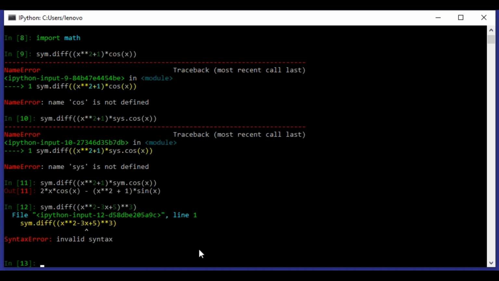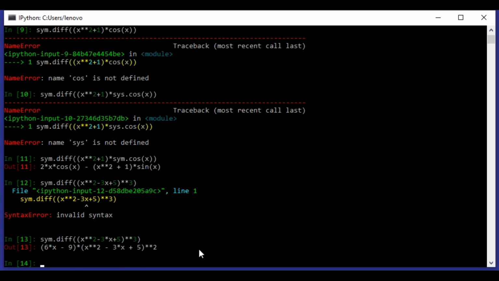Some syntax: for 3x, 3 into x, we will have to give like that. I have typed the 3x.